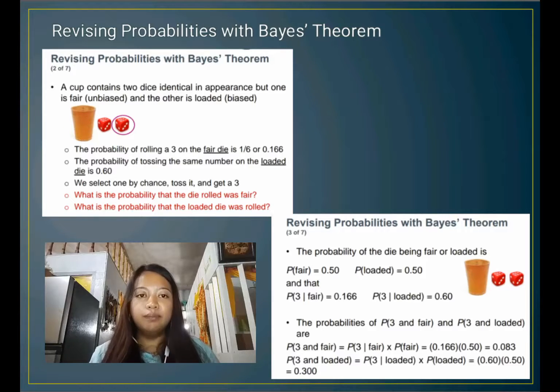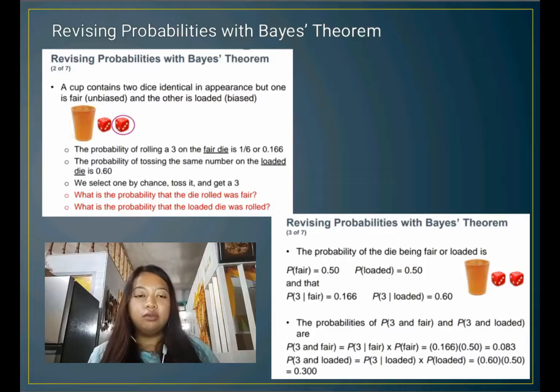Earlier, the probability of being 3 given that it is fair is 0.166, so we put 0.166 here. And then the probability of being fair is the 0.50 from earlier.